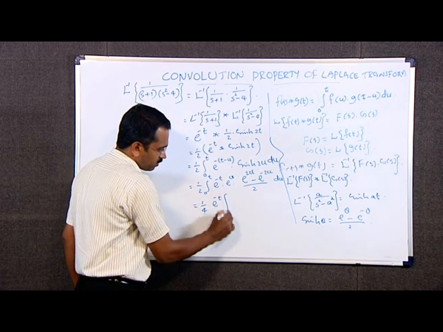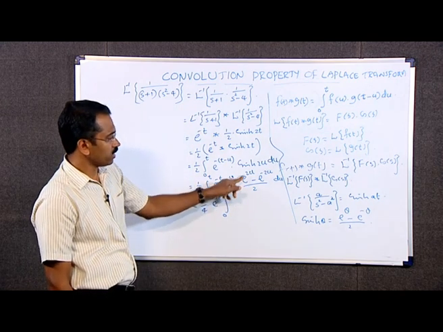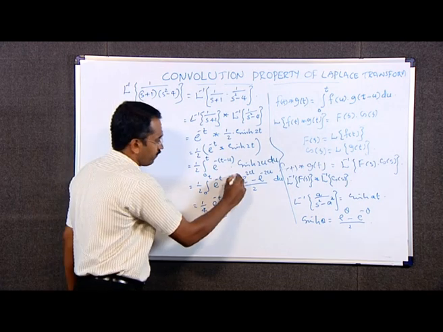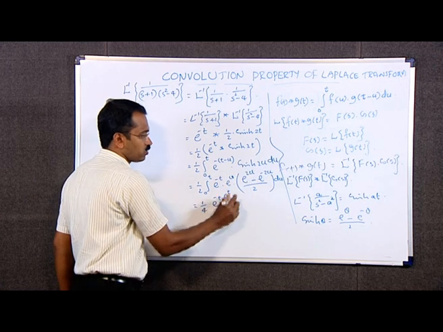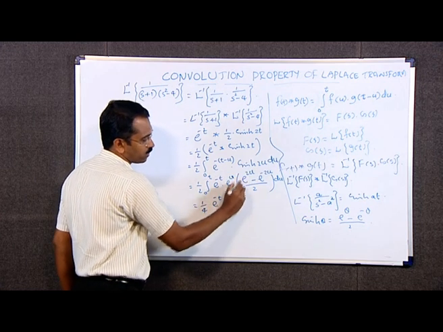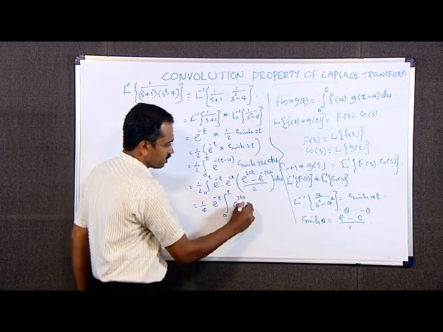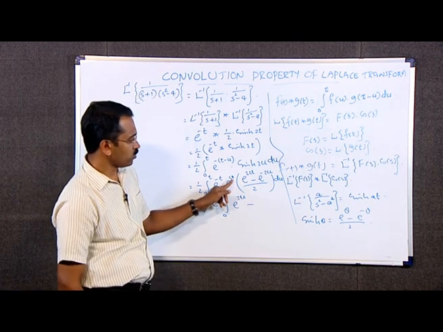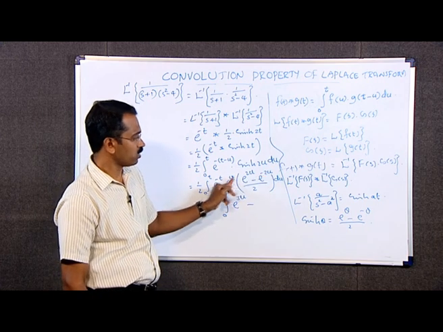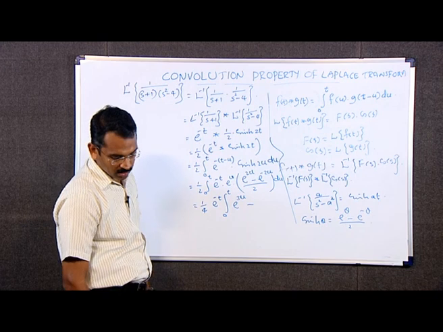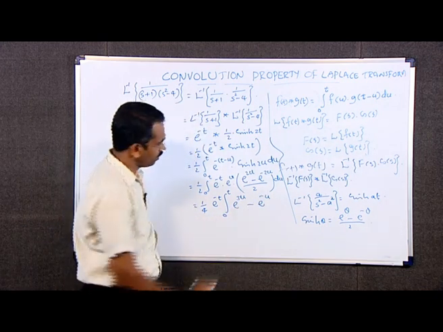Then, e raised to u into e raised to 2u is e raised to 3u, minus e raised to u into e raised to minus 2u, which is e raised to minus u, du.